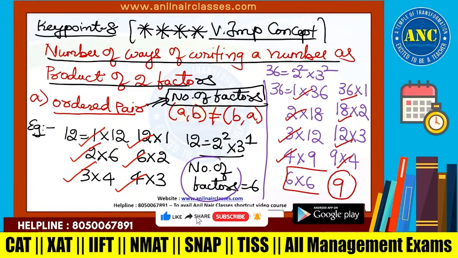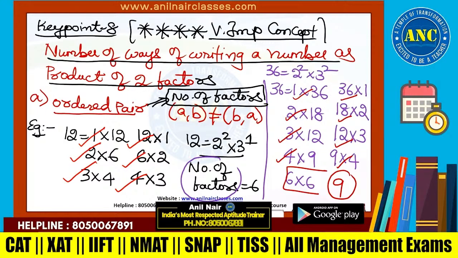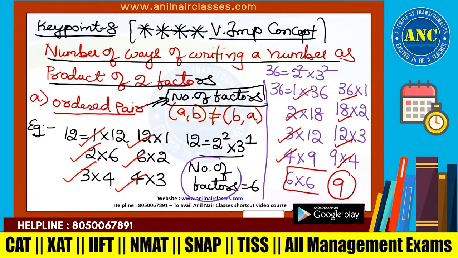In how many ways can you write a number as a product of two factors? Answer is the number of factors.